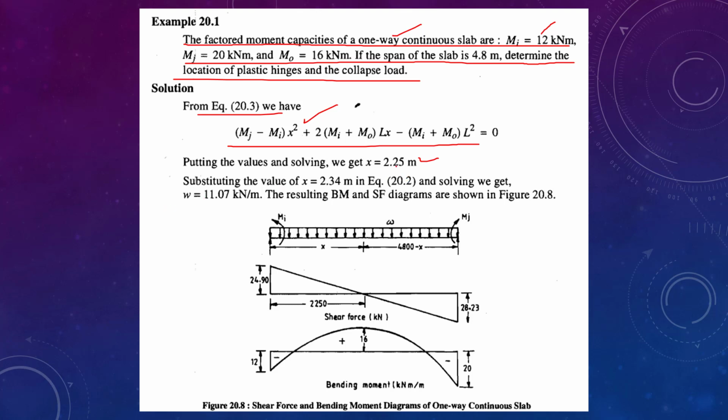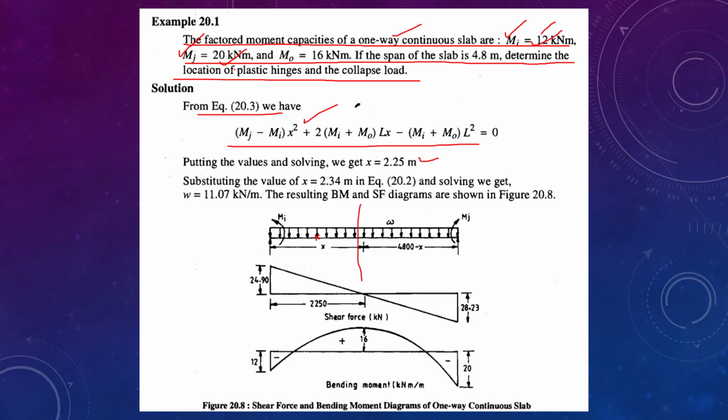So see that, the reason why we didn't get exactly at the middle is that the Mi and Mj are different moments. That makes the beam collapse for the positive moment at a location different from the midspan. Suppose this Mi and Mj was equal, then the positive moment would happen at the exact midpoint.